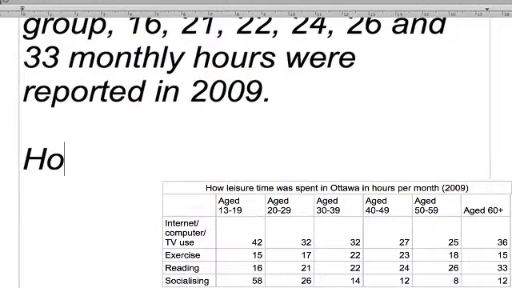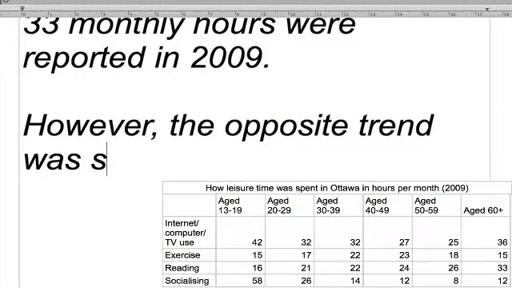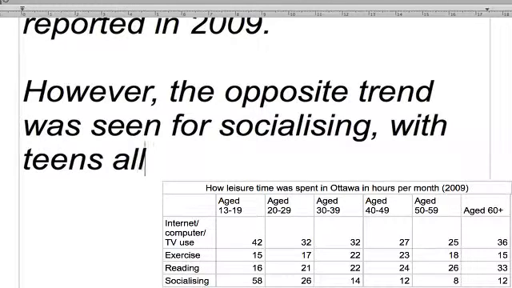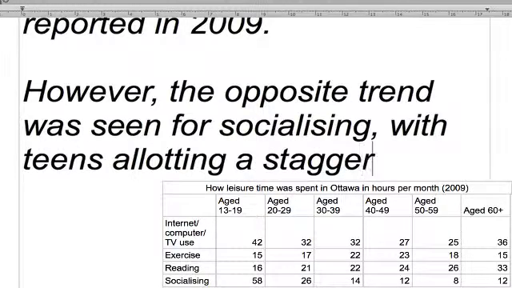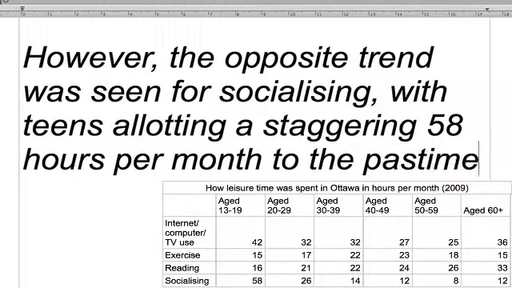So let's use a transition like, say, however. The opposite trend was seen for socializing, with teens allotting a staggering, let's call it staggering, 58 hours per month to the pastime.